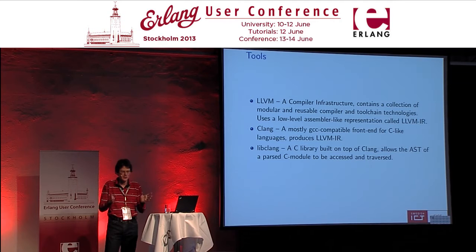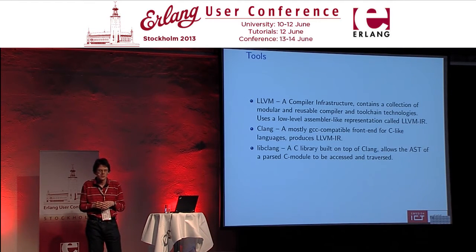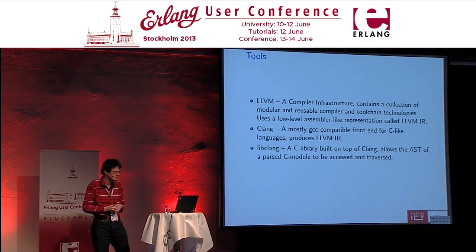And that compiler is also packaged in the form of a library. So using the library, which is called libclang, you can parse a C module and get hold of the abstract syntax tree, which is exactly what you want if you want to extract the semantics of code implementing the Beam instructions.